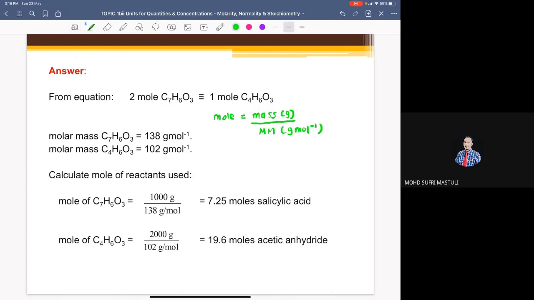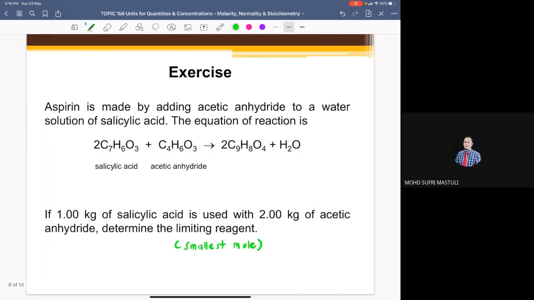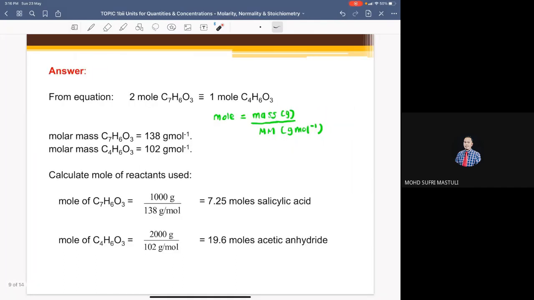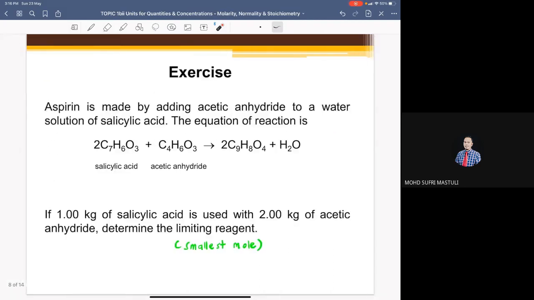For C7H6O3, salicylic acid, the mass used is 1 kilogram, which is equivalent to 1,000 gram, and that one should be 2,000 gram.